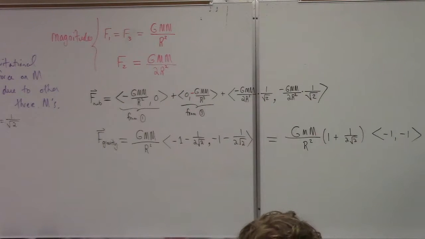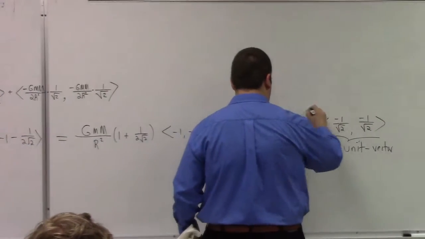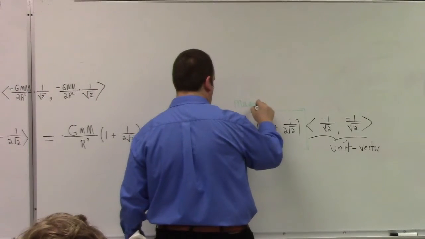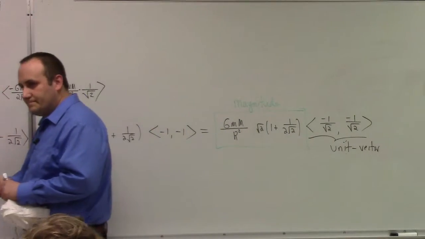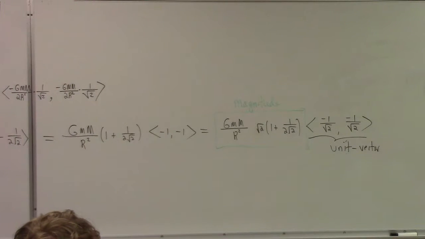And then this beloved unit vector. If that's a unit vector, then this is the magnitude, since it's positive. So, I mean, what's the standard angle here?